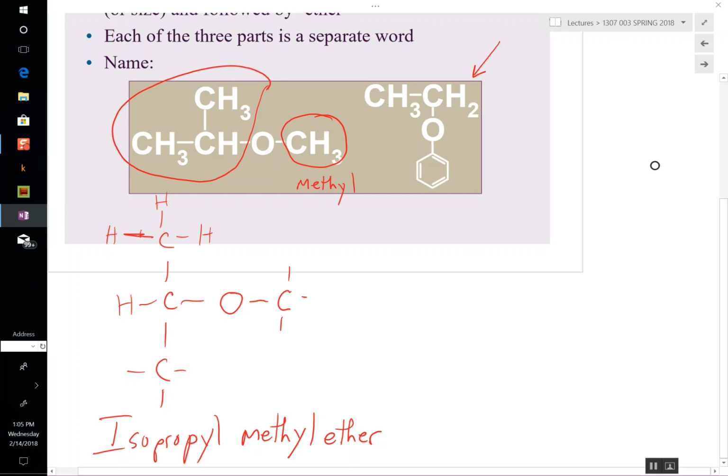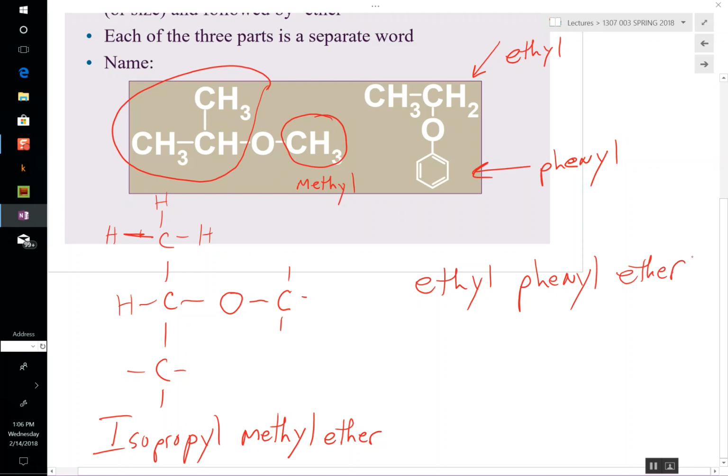It's an ethyl. And what's the group on the bottom? Phenyl. Yes. Excellent recall, what we just talked about 5 minutes ago. So now we call this ethyl phenyl ether.